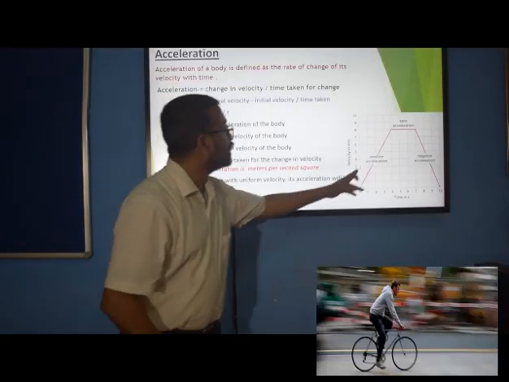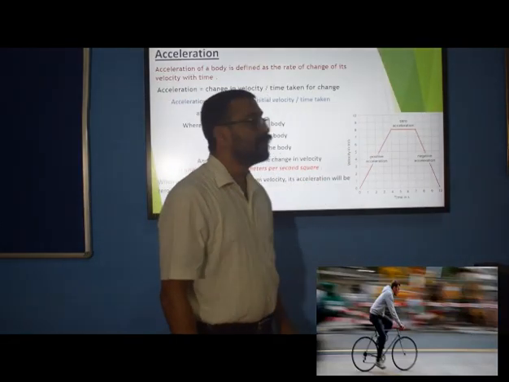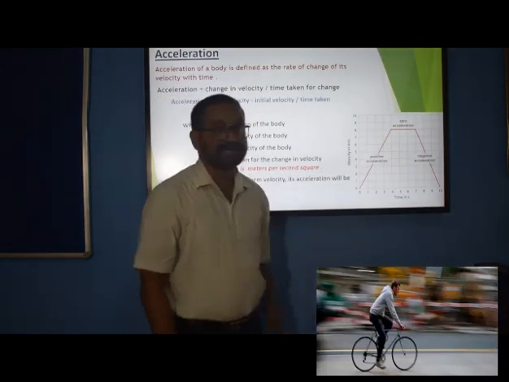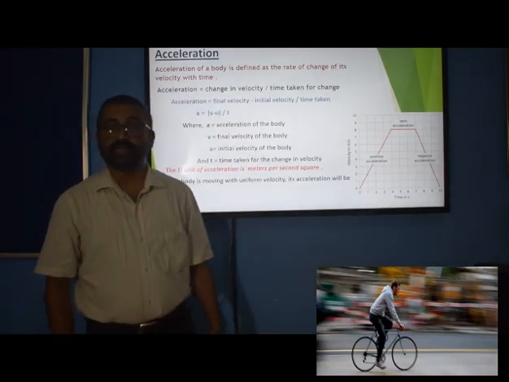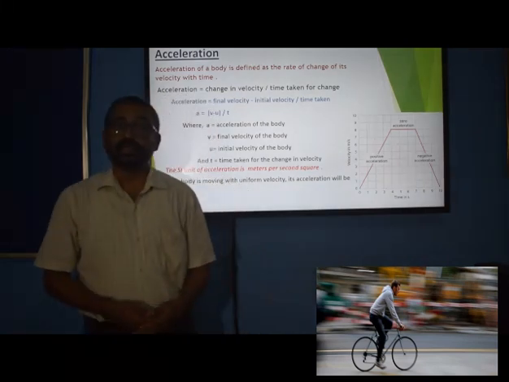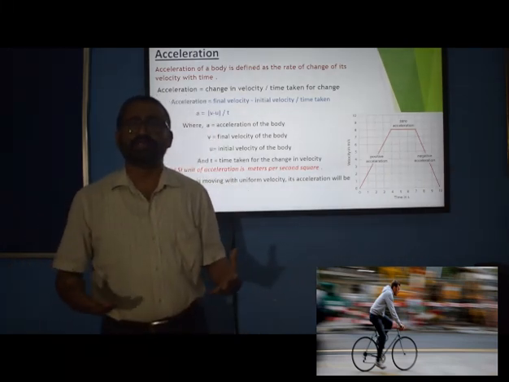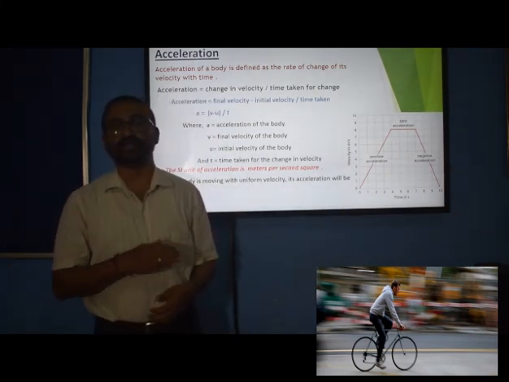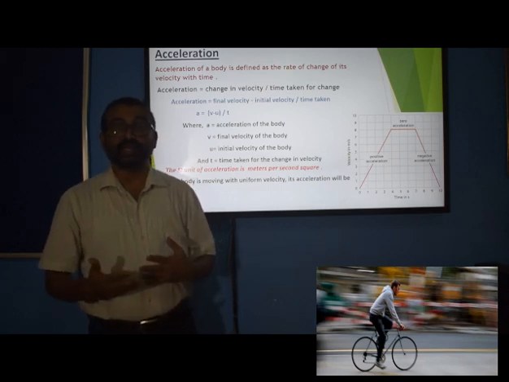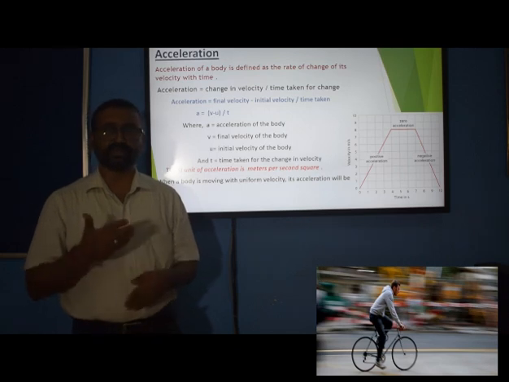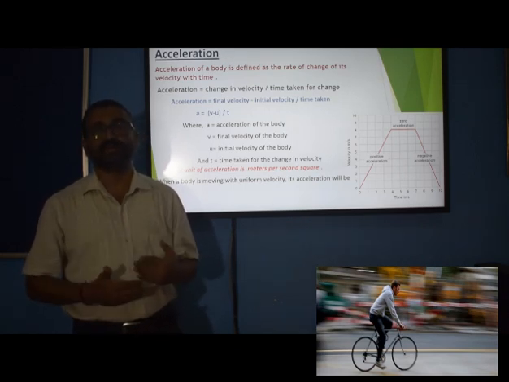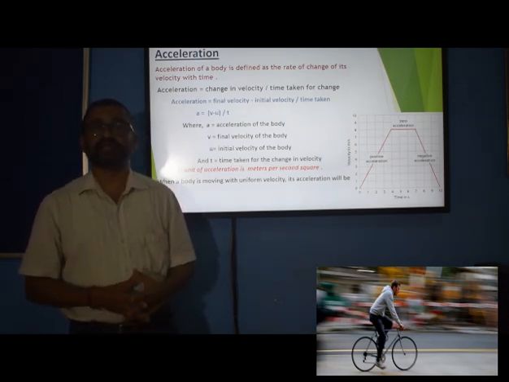If the velocity is increasing with respect to time, we say it is positive acceleration. A speeding bus, a speeding train, all speeding motor vehicles are examples of positive acceleration. Negative acceleration means slowing down: velocity keeps on decreasing. And what is zero acceleration?